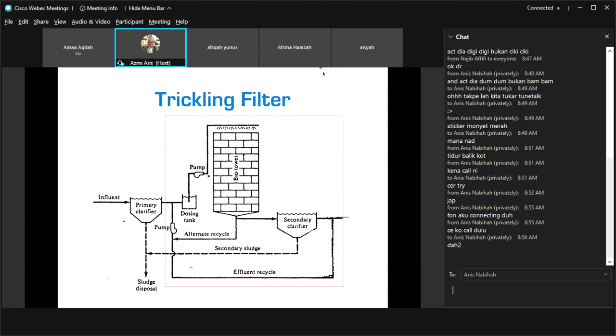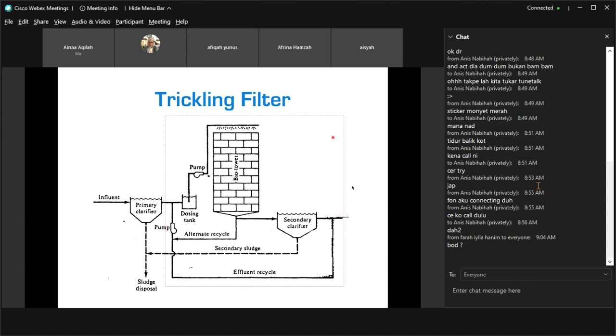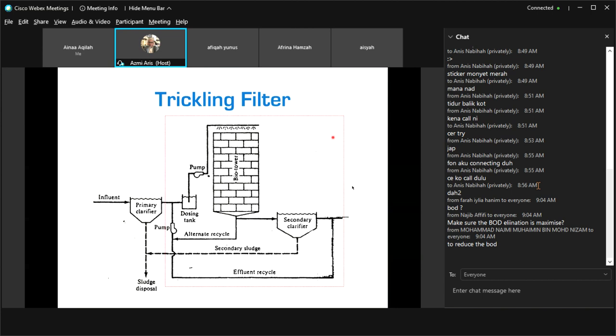Okay, so why do we have to recycle the wastewater? Anybody got any idea why we have to recycle the wastewater? Farah, BOD, what do you mean by BOD? Okay, Najib. Okay, good. Najmi, some of you answer that to make sure the BOD elimination is maximized.